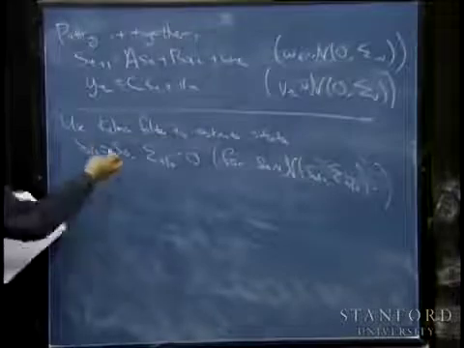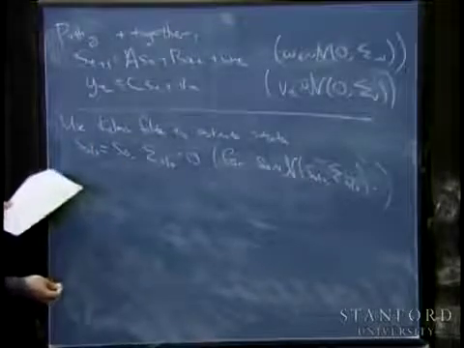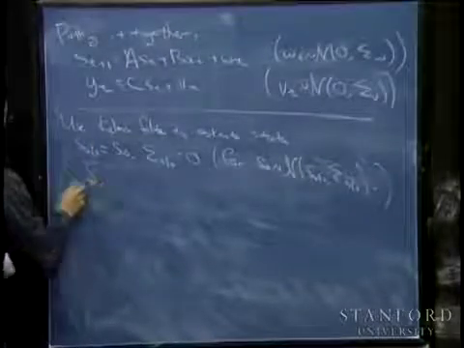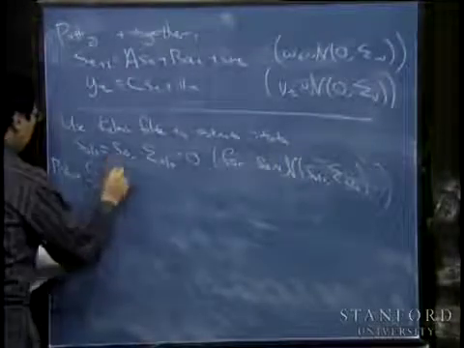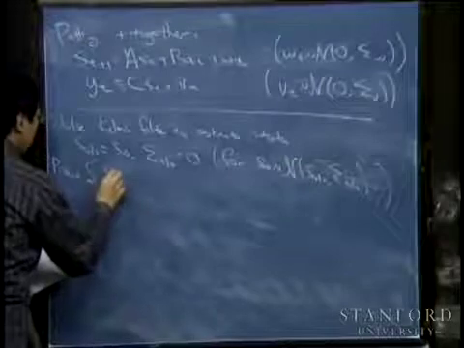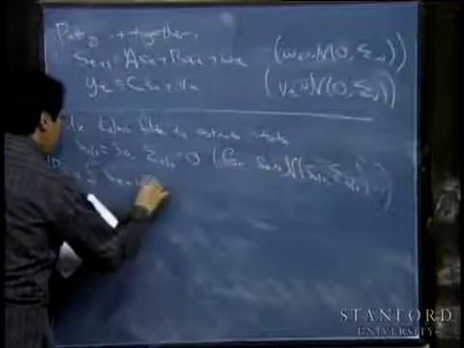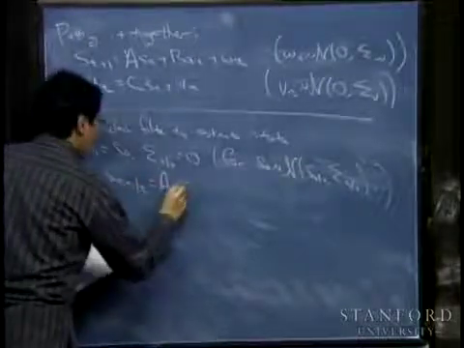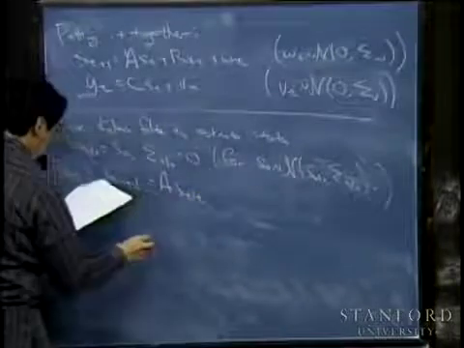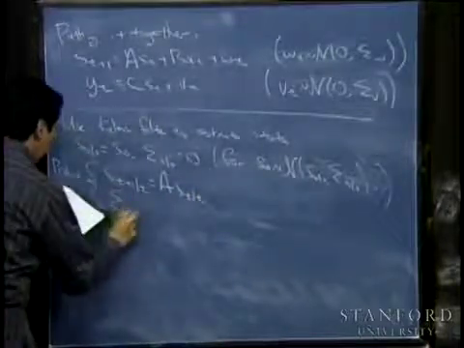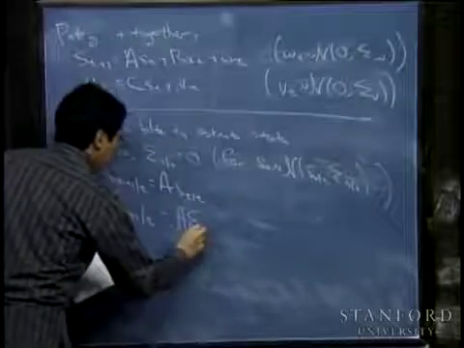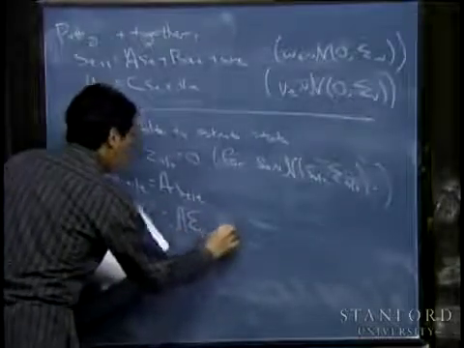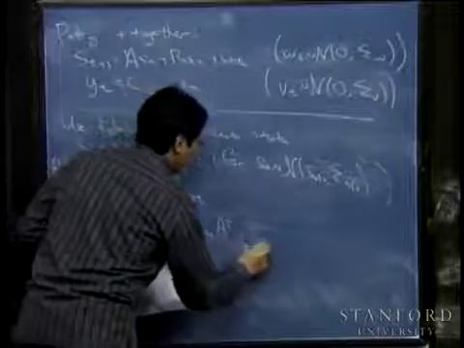And then you use the Kalman filter on every step to estimate what the state is. So here's the predict step. Previously, we had s_{t+1|t}, and so on.